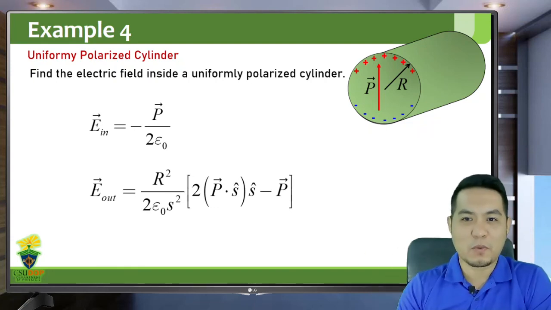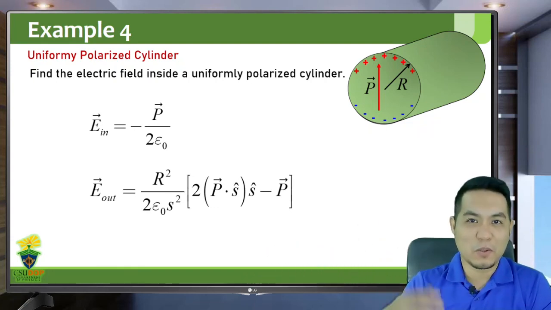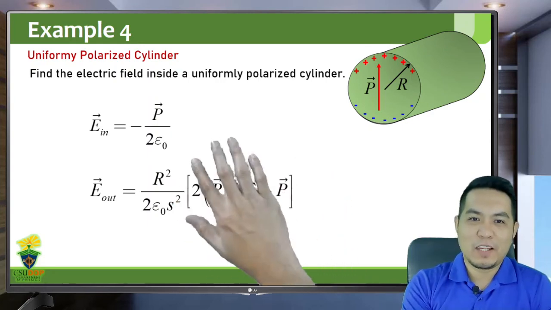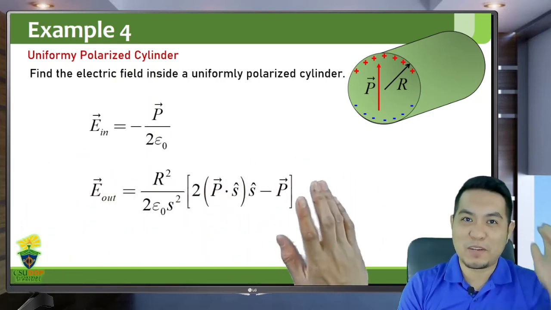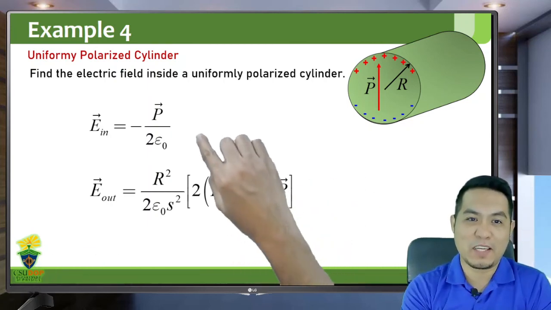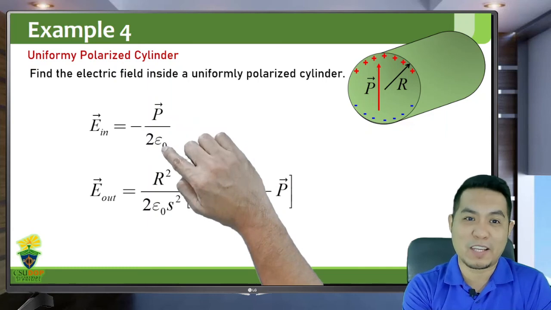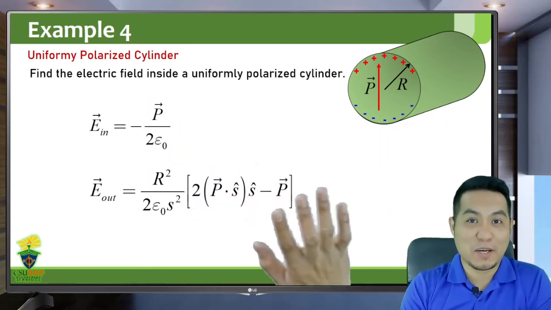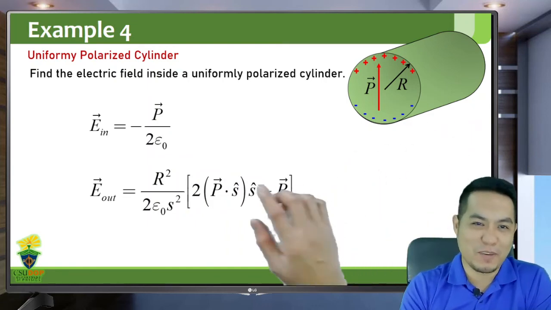The result is quite similar to what you have in the sphere. This looks like a two-dimensional version of the result in example number 3. In example number 3, you have P over 3 epsilon naught, but here you have P over 2 epsilon naught, because it's circular, a two-dimensional sphere.